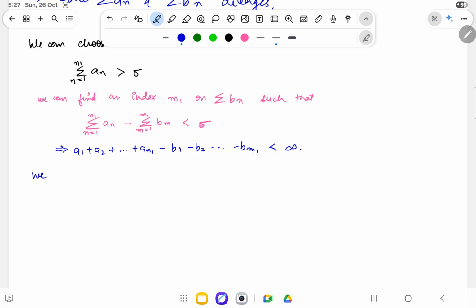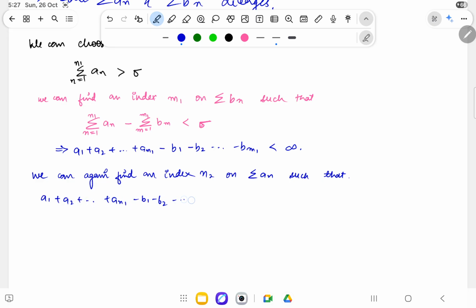Now we can again find an index n2, on the series summation an, such that this series, that is a1 plus a2 up till an1 minus b1 minus b2 minus bm1 plus an1 plus 1.